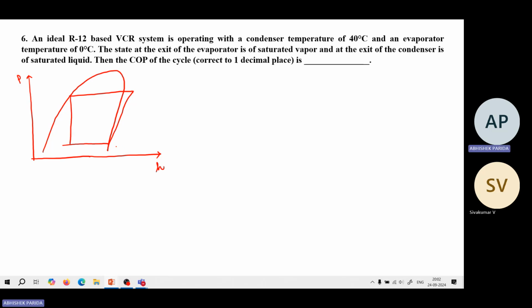This is the P-h curve. If you don't know the P-h curve, even T-S will do, not a problem, but mostly try to follow the P-h curve. That will be helpful for you.